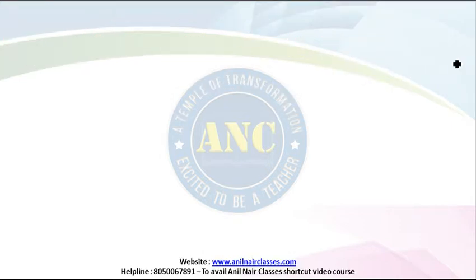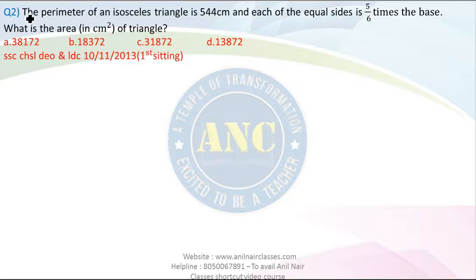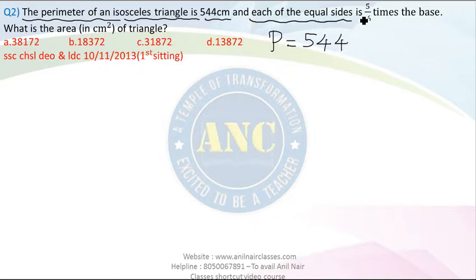Next question. Question number 2. Your second question is, the perimeter of an isosceles triangle is 544. Okay, perimeter is given as 544 and each of the equal sides, which we usually represent as A, is 5 by 6 times the base.